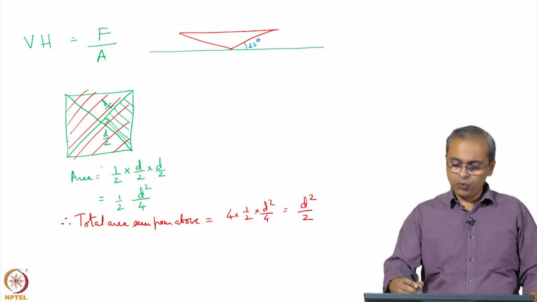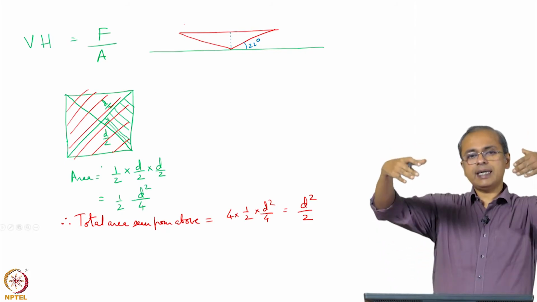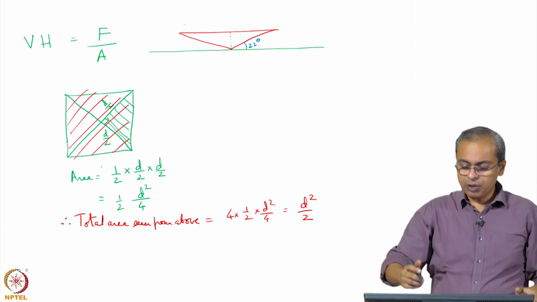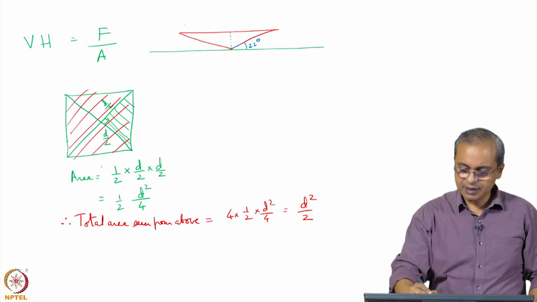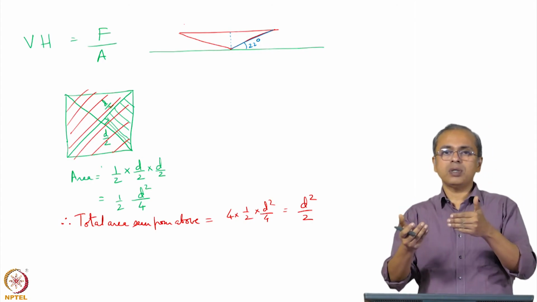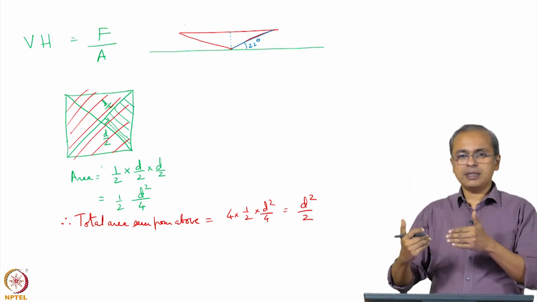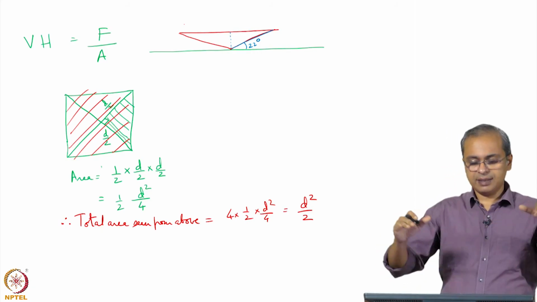Therefore, you are actually seeing the indentation from the top, and therefore, you are missing the fact that you are actually having the surface at an angle, and therefore, that has more area. So, you have to account for the fact that you are only seeing the projection of that area on the flat surface.